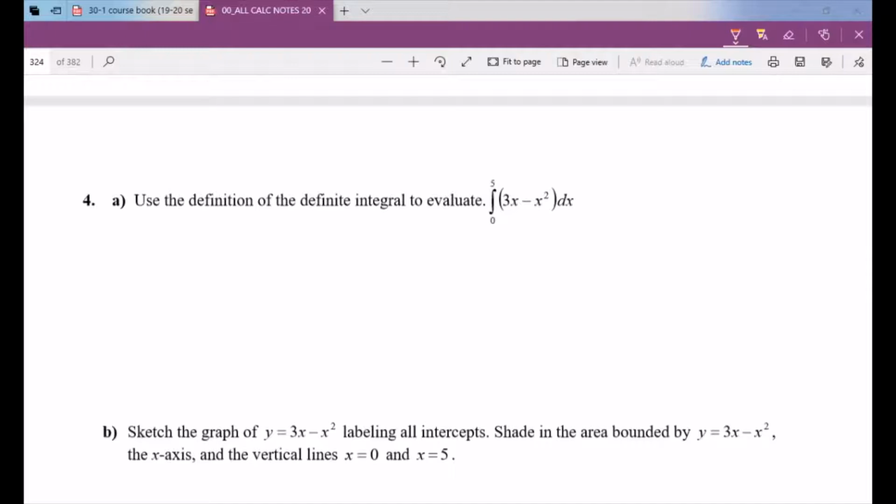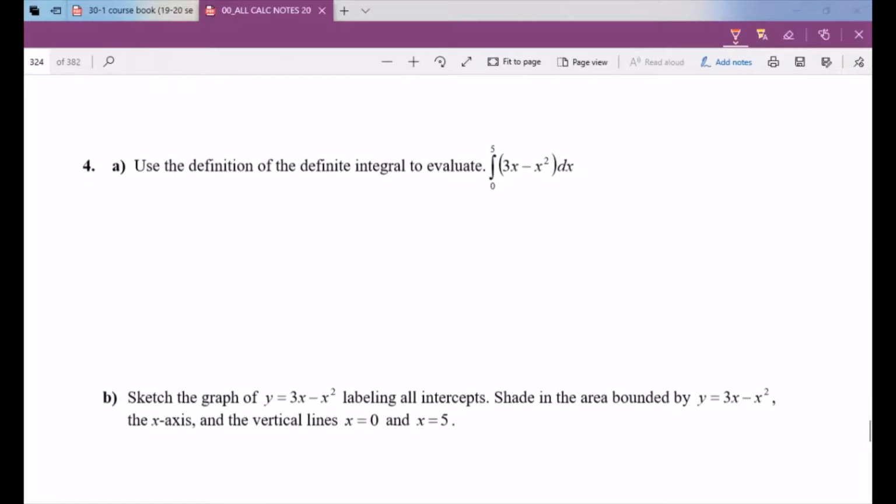For A, use the definition of definite integral to evaluate the integral from 0 to 5 of 3x minus x squared. So if we do this, the integral from 0 to 5 of 3x minus x squared dx.